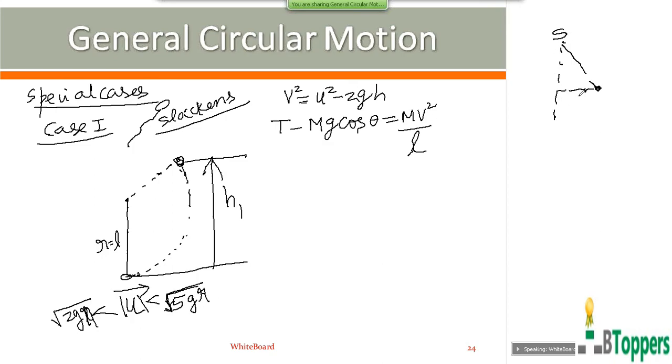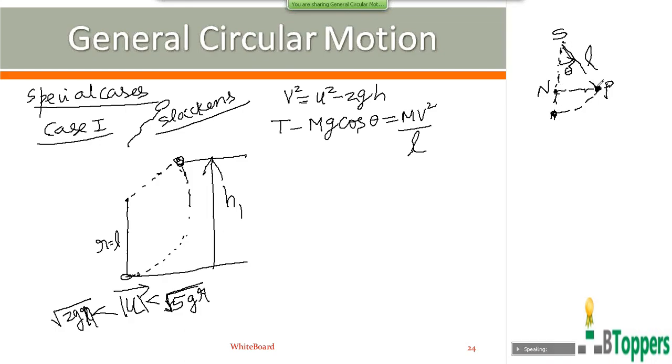Let's see the point of suspension. At a particular distance, let us suppose theta is the angle made by the string with the downward vertical. Here P is the position of the bob, center of mass of the bob, and N is the foot of the perpendicular dropped from the point P on the vertical line passing through the point of suspension.